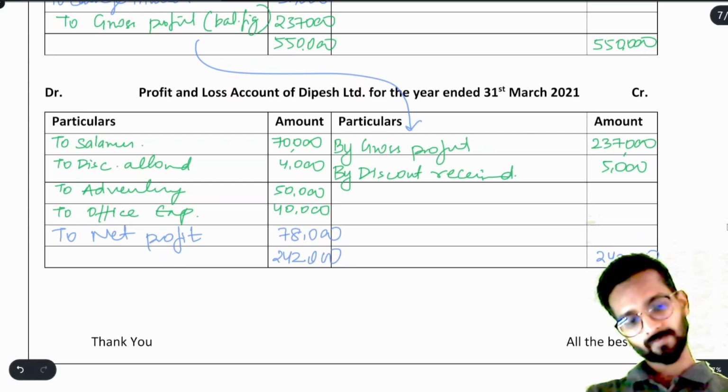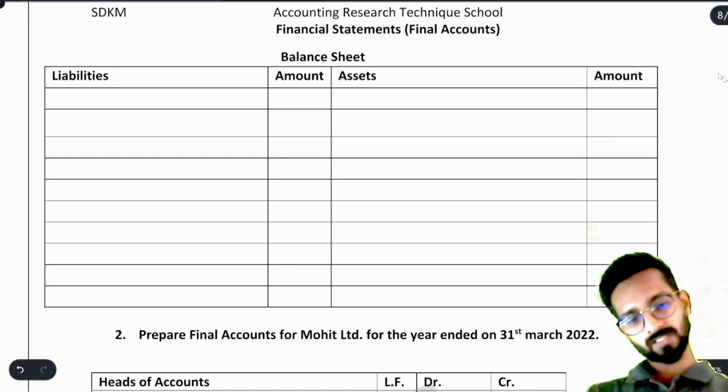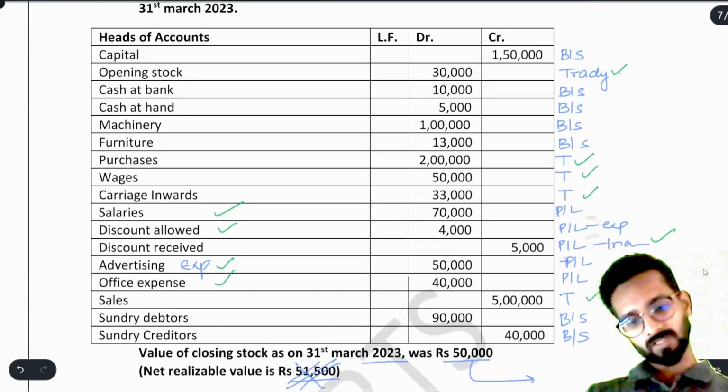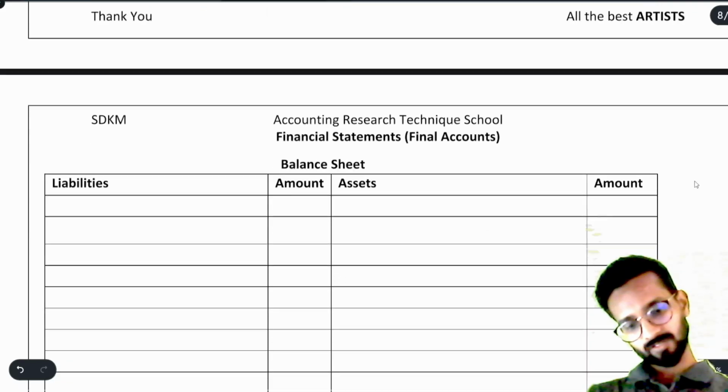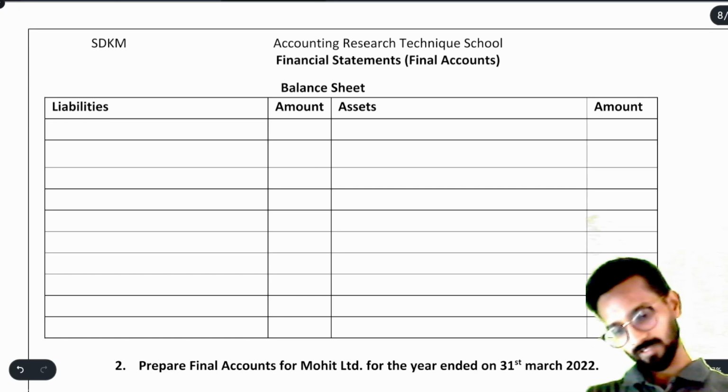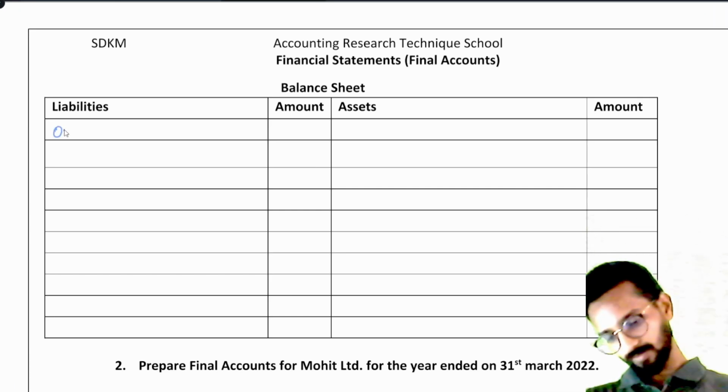Will we now prepare the balance sheet? Check what was the first amount. 1,50,000 in capital. We will write 1,50,000 in capital. Just go there and write owner's capital, opening balance.